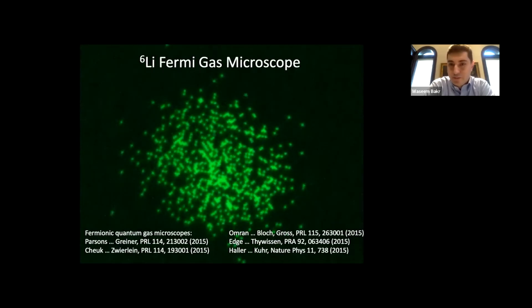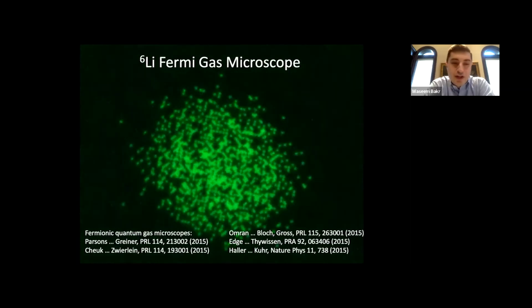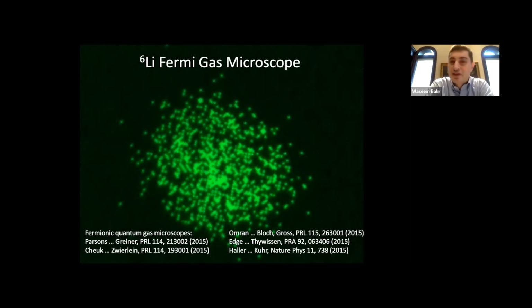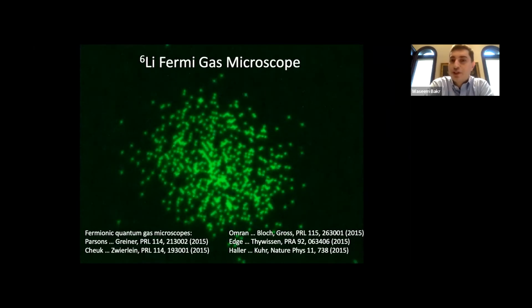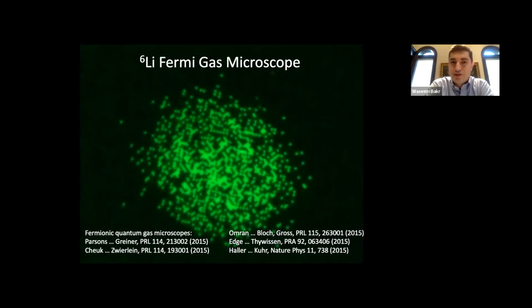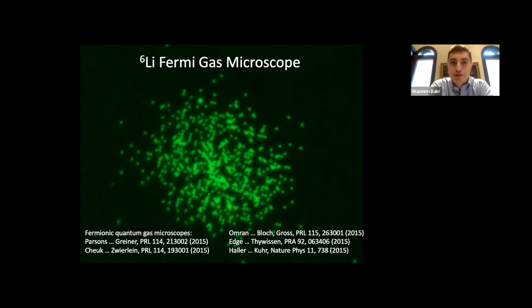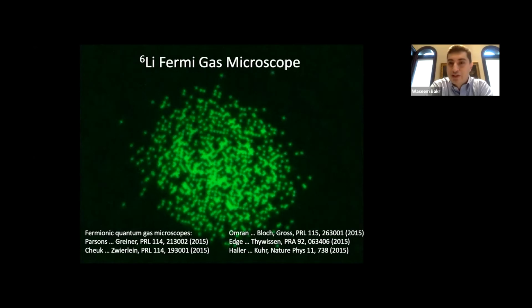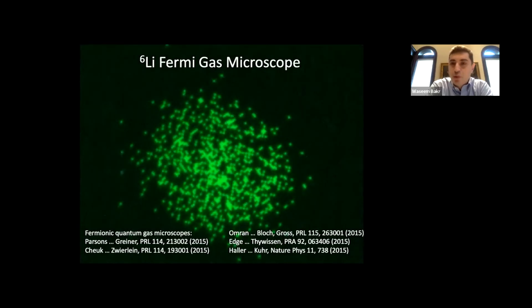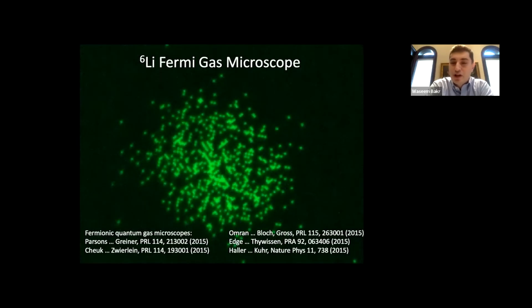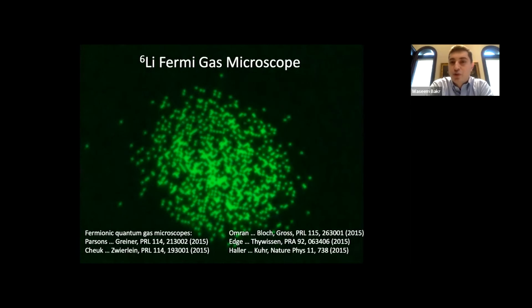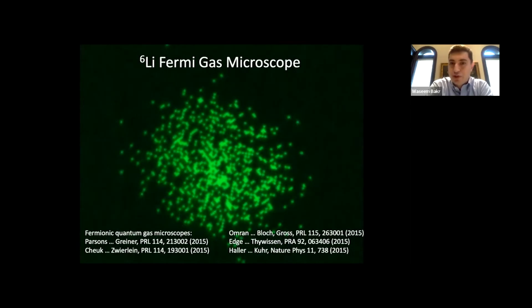And I want to remind you here that before taking this image, you really had a quantum system. The particles were tunneling around, they were interacting strongly. So there was all sorts of quantum many-body entanglement in the system. And then when you take such a picture, you project this quantum many-body wave function onto a particular realization in density and spin.